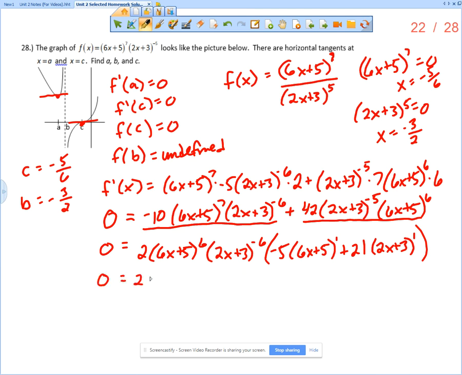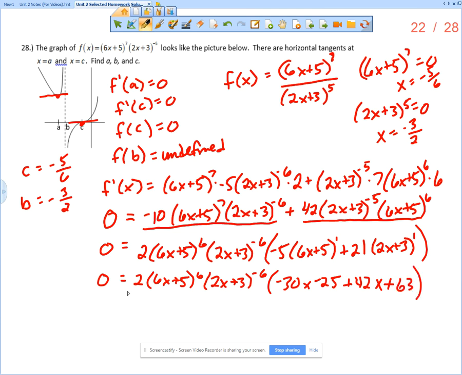I'm going to leave 2 times (6x+5)^6 times (2x+3)^-6. And then the rest: negative 5 times 6 is negative 30x minus 25, plus 21 times 2, so 42x, and then 3 times 21 is 63.